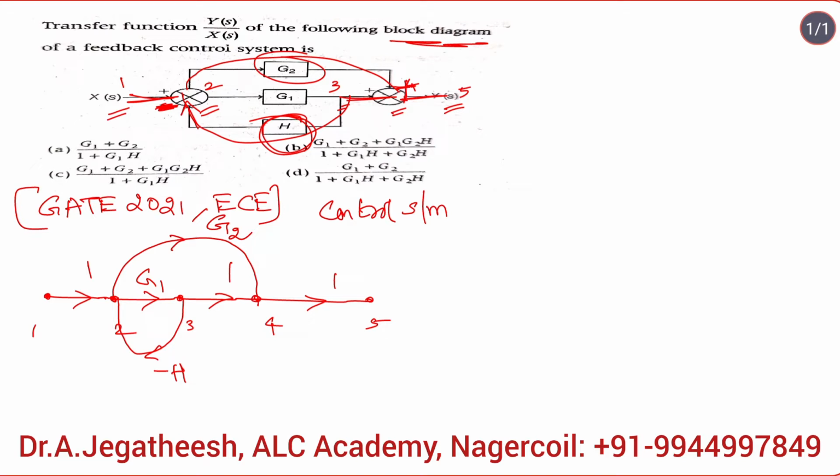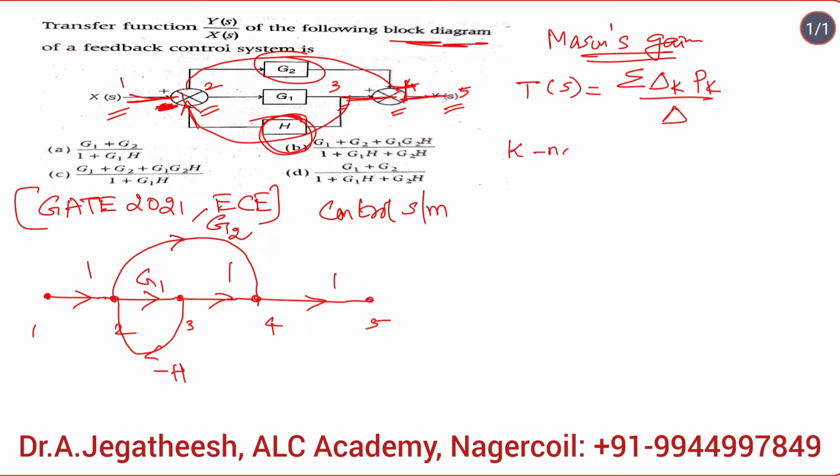Okay, now you can use Mason's gain formula to find the transfer function. The transfer function is equal to summation delta k P k by delta, where k is the number of forward paths. Now you should know P1, P2, because you have only 2 forward paths.